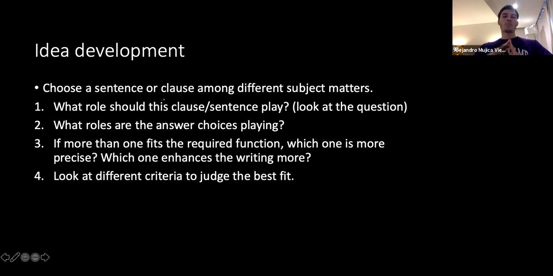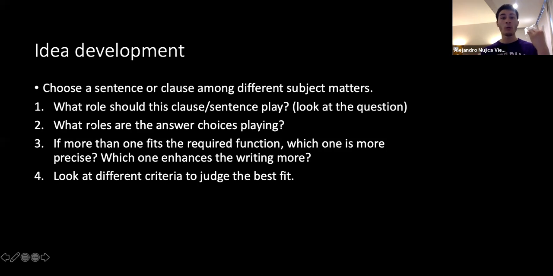So my method to deal with these types of questions is asking myself first, based on the surrounding context and the question, because the question also gives you a clue as to what function this underlined portion should be performing, oftentimes. So you ask yourself, what role should this clause or sentence play?